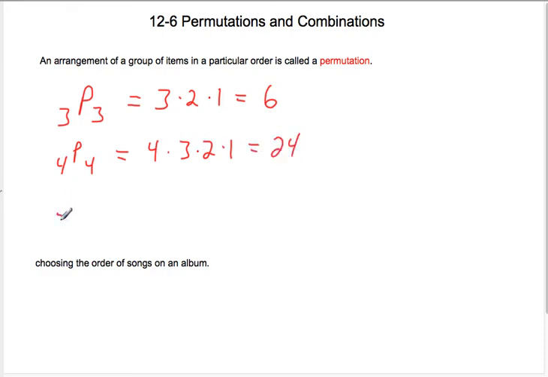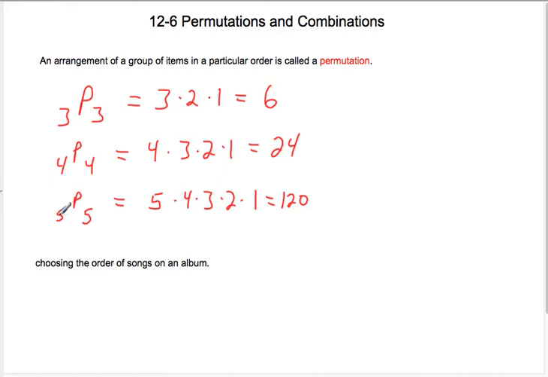And with 5 cities, we could do 5P5, and we could say 5 times 4 times 3 times 2 times 1, and that would equal 120. So that's pretty crazy that with only 5 cities to go to on a business trip, there's 120 different ways you could go to those 5 cities. It really gets big fast.